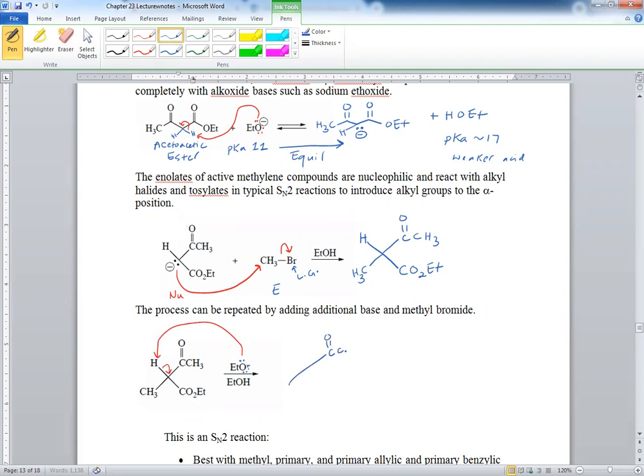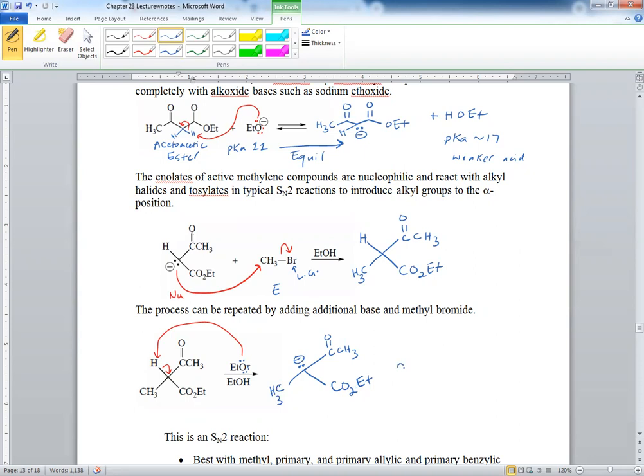By the way, you don't have to draw it this way. You can keep it like that. That's absolutely fine. It's sometimes drawn like this so that we show the movement of the arrow more clearly.